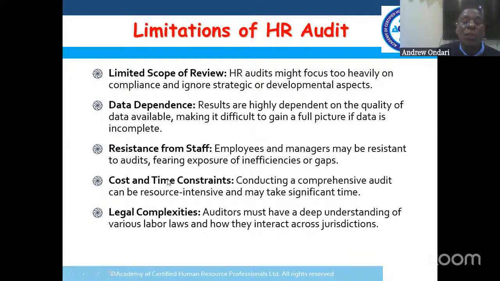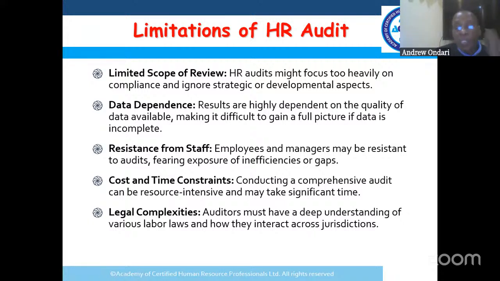For example, in government today, there are austerity measures that are being undertaken to ensure that government spends within its means. One of the aspects that has been affected is training. So many employees and employers are not taking training because of the need to cut costs.